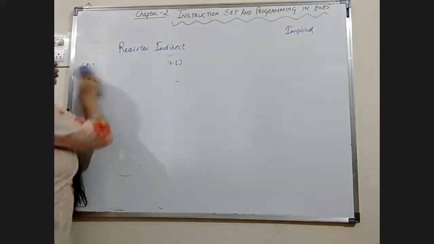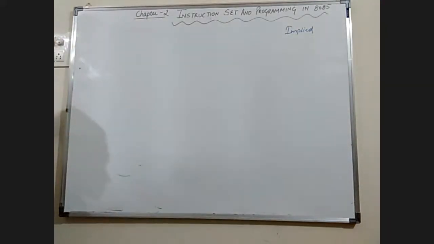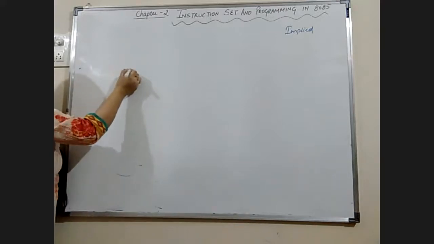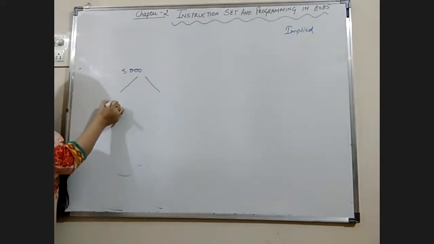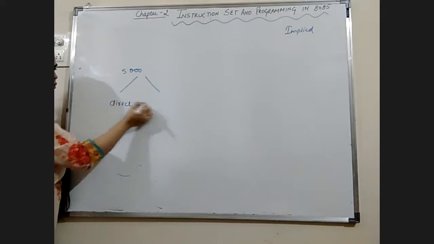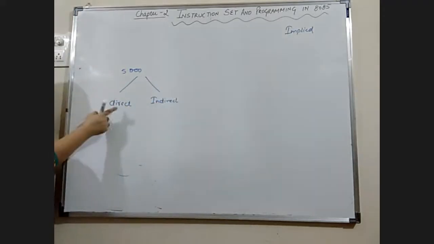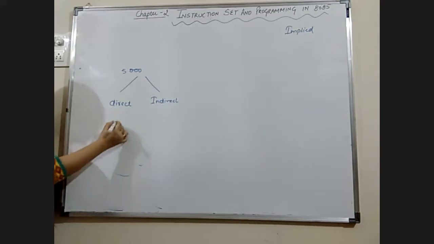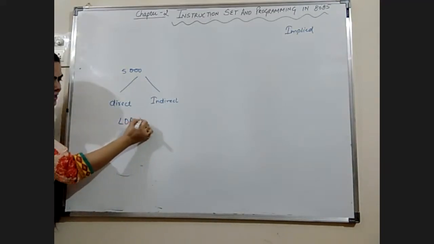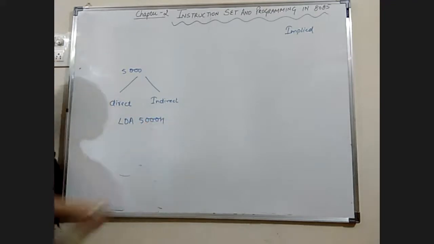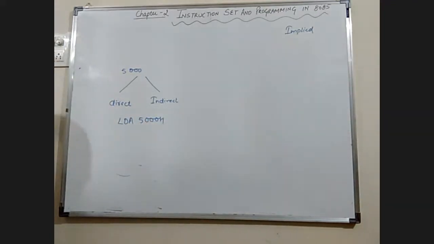We have two ways: either using the direct addressing mode or using the indirect addressing mode. If we use the direct addressing mode, we can write LDA 5000H. That means we load the data from this memory location, that is 5000.